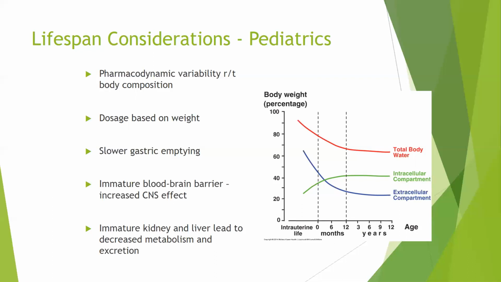Some considerations to take into effect here are the decreased gastric emptying. So this medication may stay in the system longer in a pediatric patient because of that. An immature blood-brain barrier would lead to an increase in the central nervous system effects of certain types of medication. Pediatrics typically have a decrease or immature, not fully functioning kidney and liver, and this could lead to a decrease in that metabolism and a decrease in the excretion of the medication.